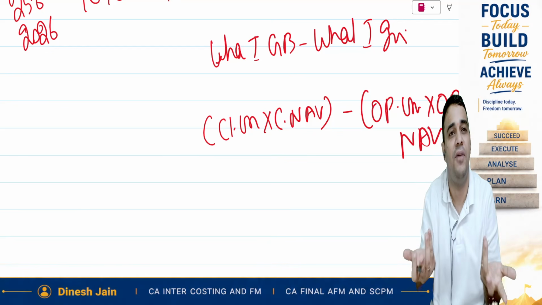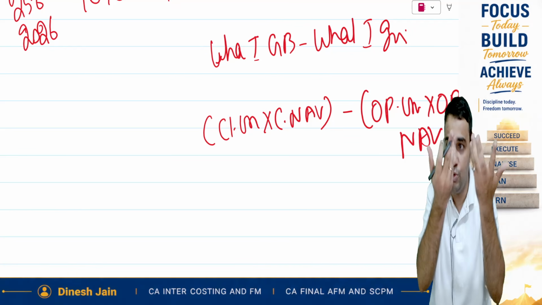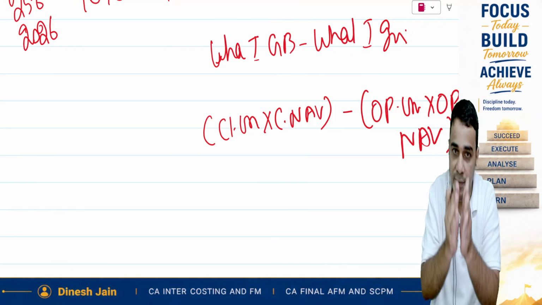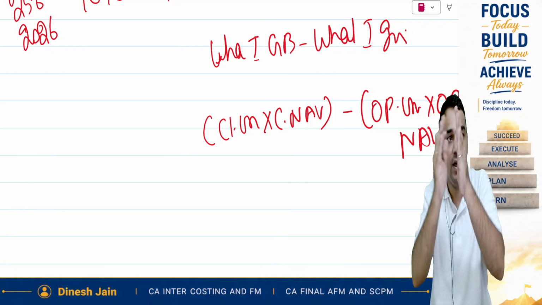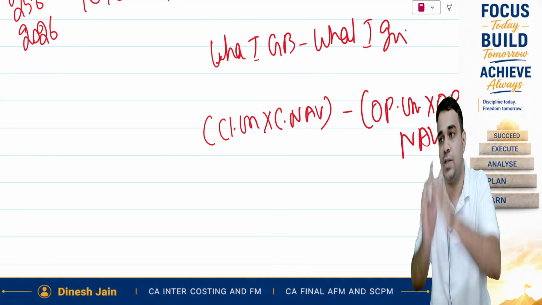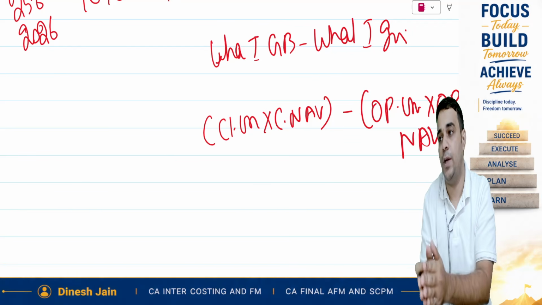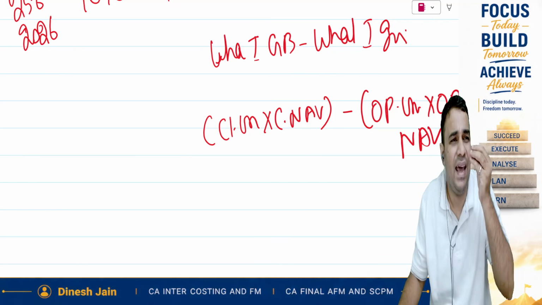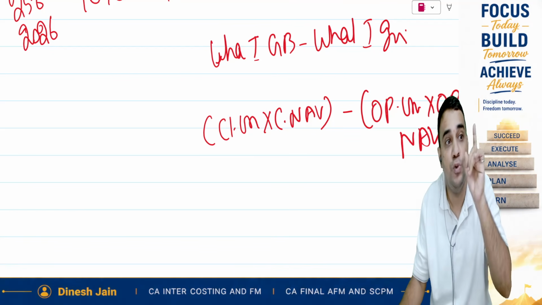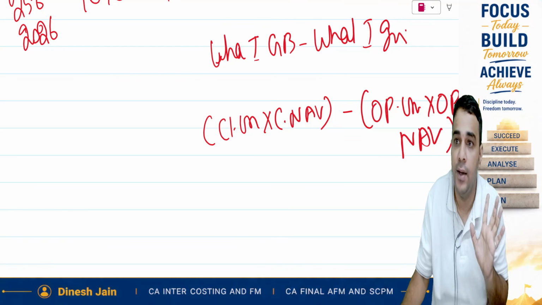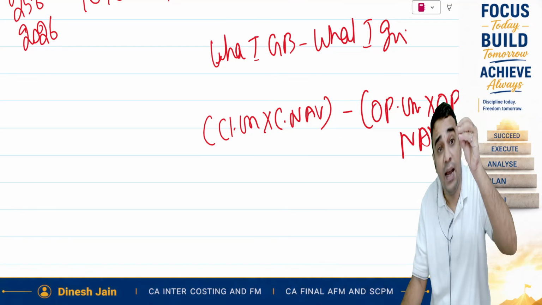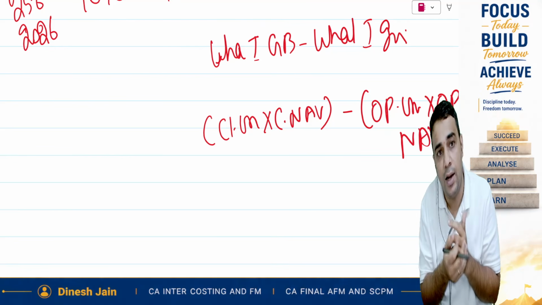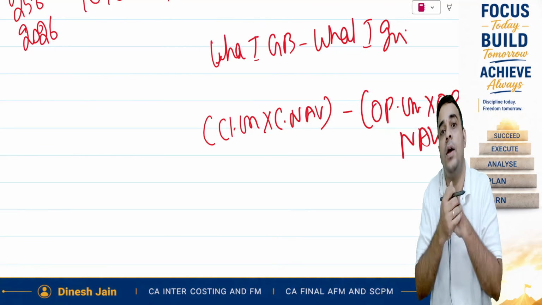Why should I do number of units multiplication everywhere? There I was not bothered because units were remaining the same. Here I am really bothered because units are not going to remain the same.